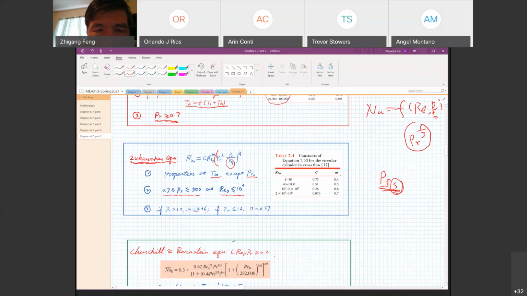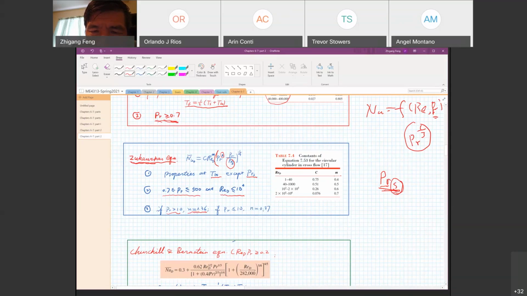The third point is the Prandtl number exponent, the little n. We know it should be close to 1/3. For many correlations, they use 1/3. But for this specific correlation, he insists on using a different value based on the Prandtl number. For Prandtl number equal to 10 or above, n is equal to 0.36.